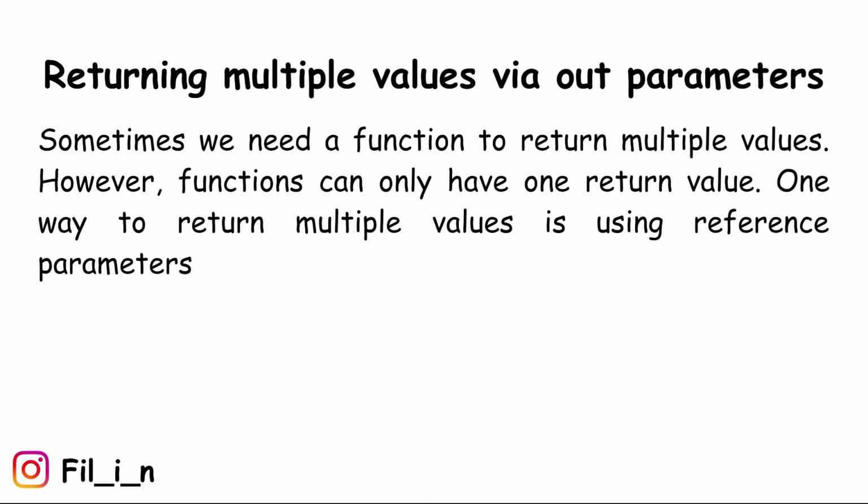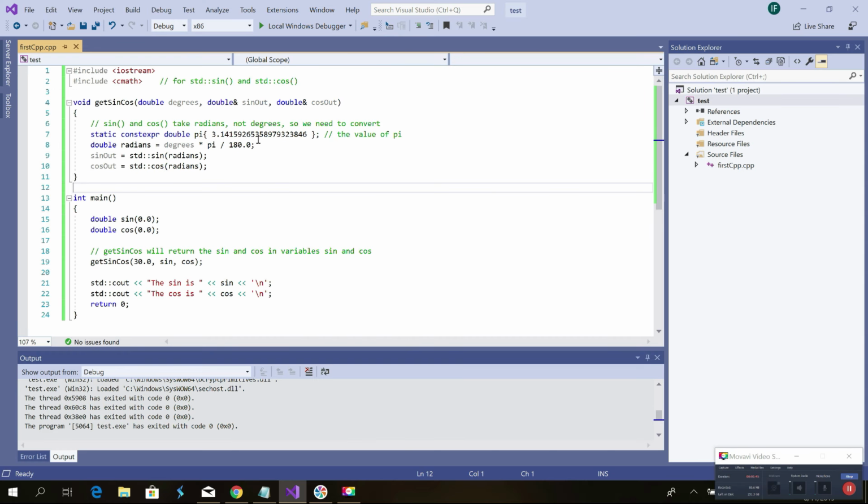Sometimes we need a function to return multiple values. However, functions can only have one return value. One way to return multiple values is using reference parameters. This function takes one parameter, by value, as input, and returns two parameters, by reference, as output.